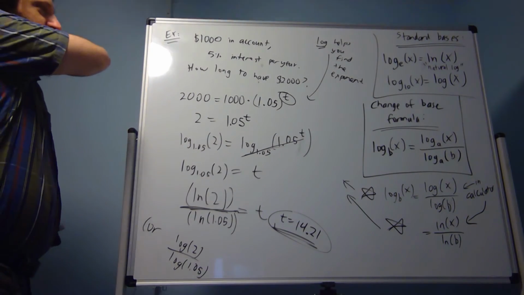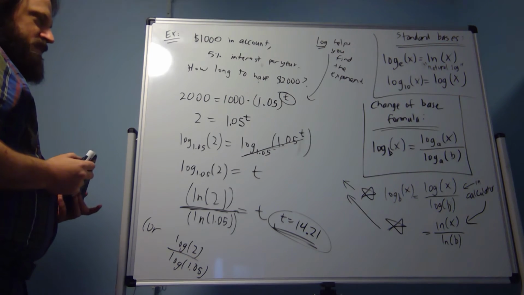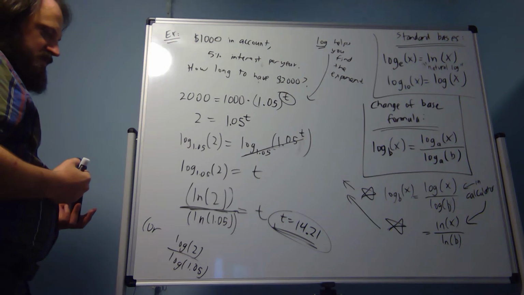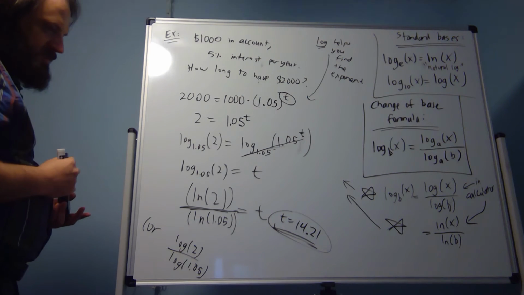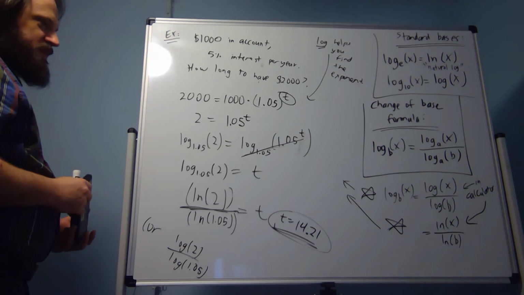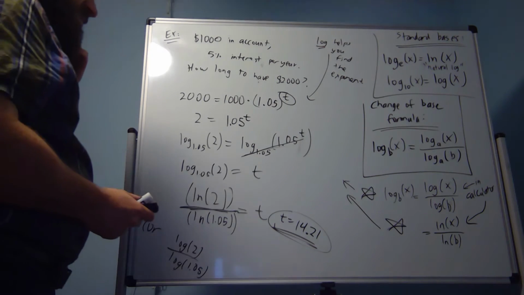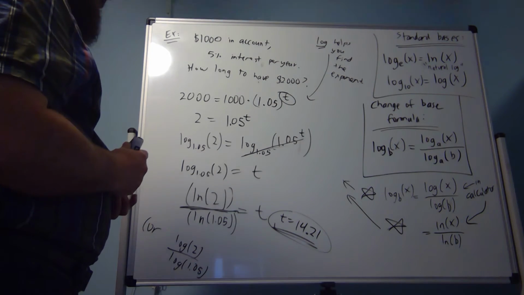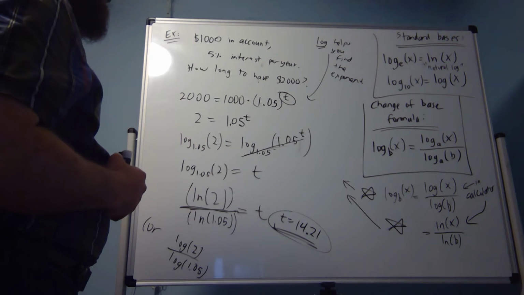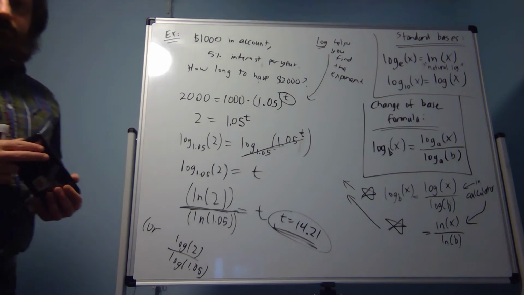And one thing that's really interesting about log is that maybe we were really interested in log base 1.05, but how did we do it? At the end of the day, we use natural log, or we use log base 10. Somehow, if I know how to compute one of the logarithms, I always know how to compute whichever logarithm I'm interested in. So they're sort of interchangeable. We just need some techniques. And the change of base formula is one very useful and productive way of going about that.